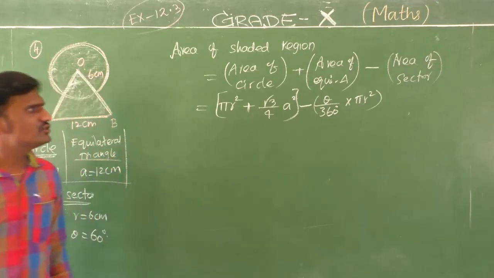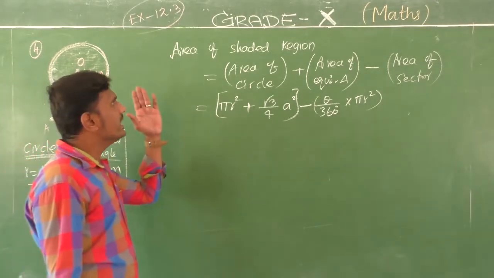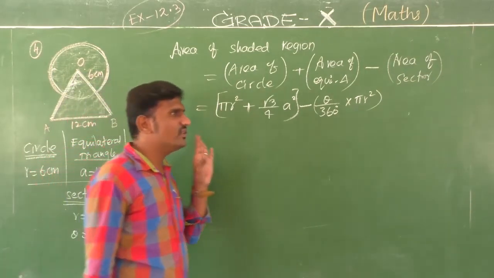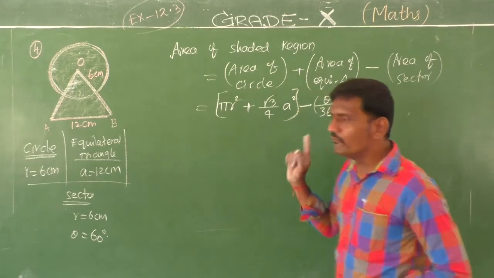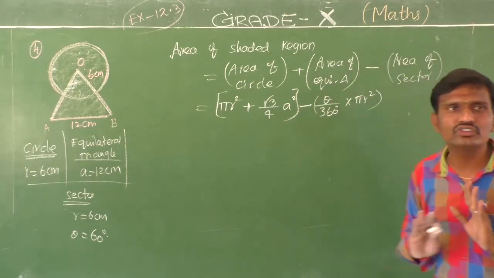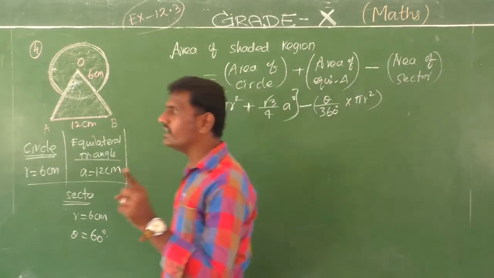Now students listen carefully. The two things only we are going to add: the area of the circle and the area of the triangle. One more thing is very important. In each and every question you should write the formula and then substitute the values. Without the formula, the answer will be wrong.